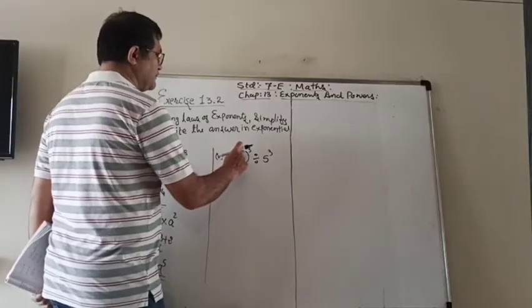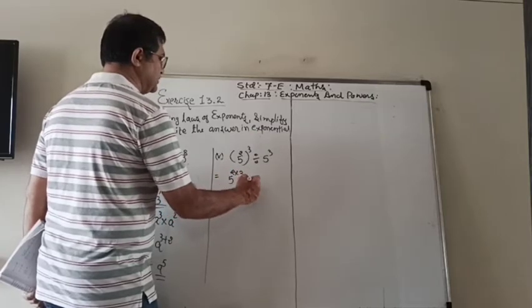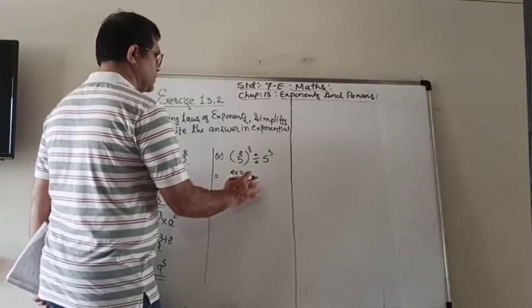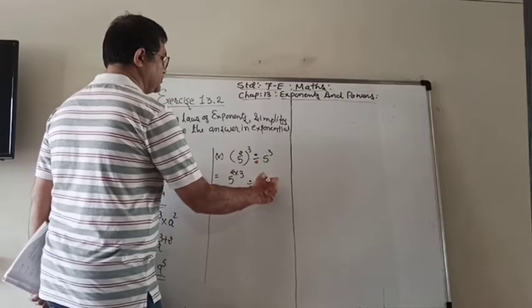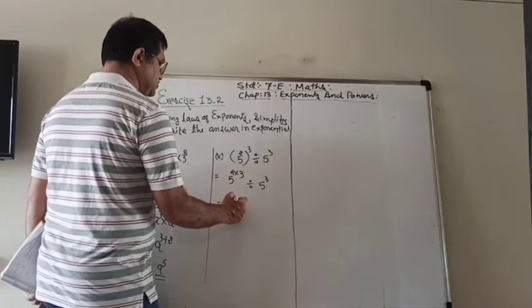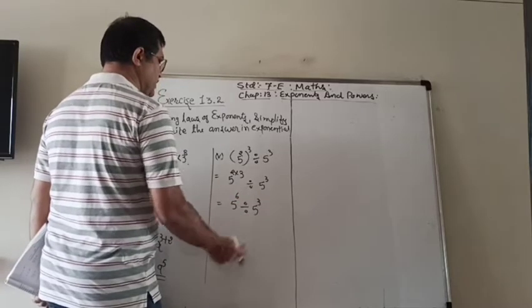So here there is power of power. So we apply 2 multiplied by 3. Power of power is multiplication. Divide by 5 cubed. So is equal to 5 raised to 6, divide by 5 cubed.